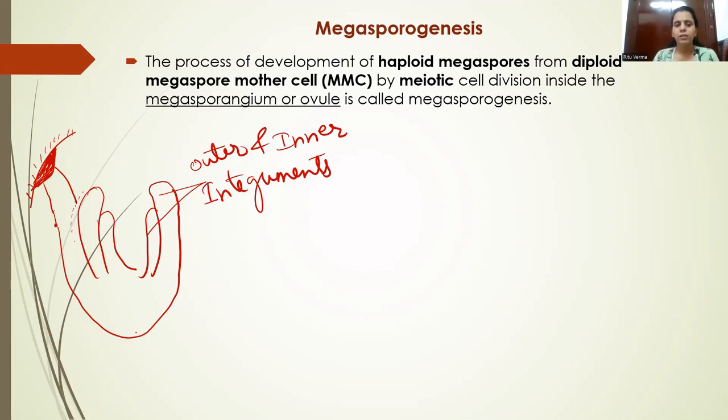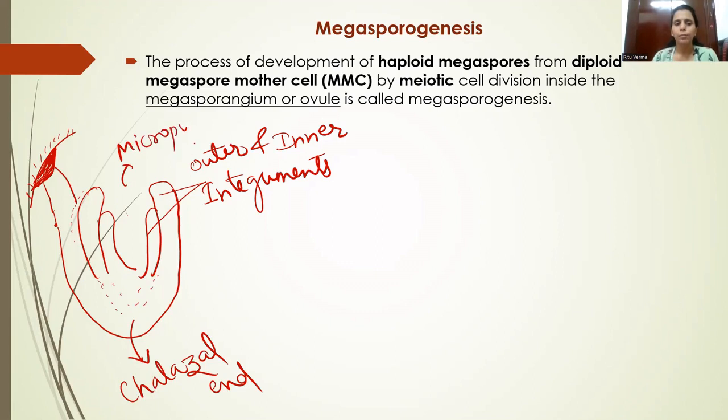When we talk about this body of the ovule, the end of the ovule from where these integuments appear to arise is known as the chalazal end. The other end of the ovule, exactly opposite to the chalazal end, is known as the micropyle or micropylar end.